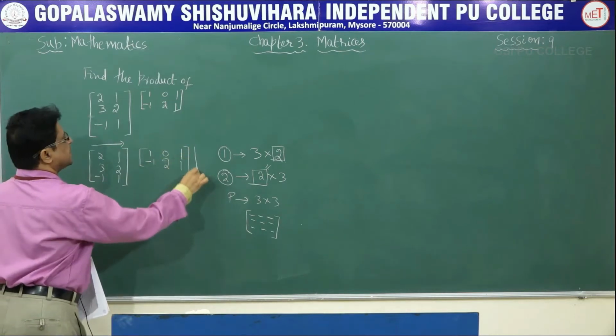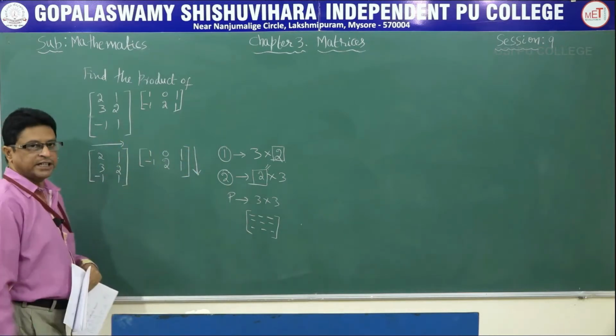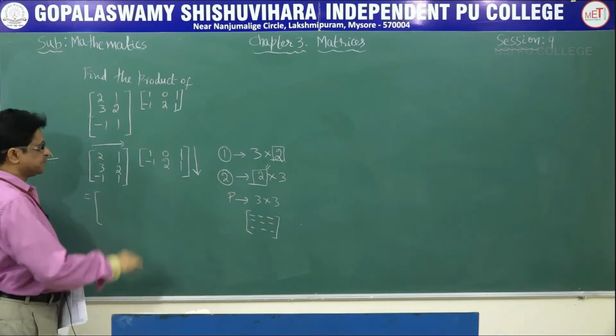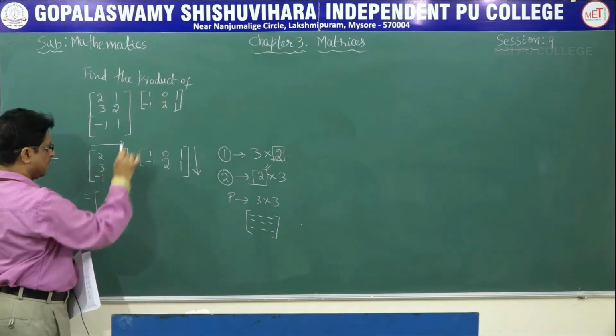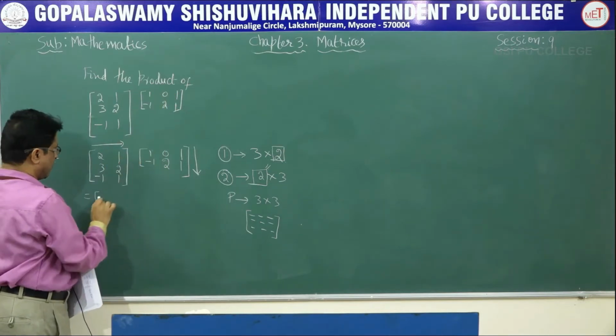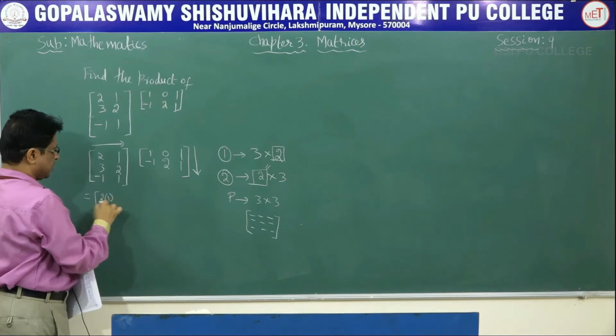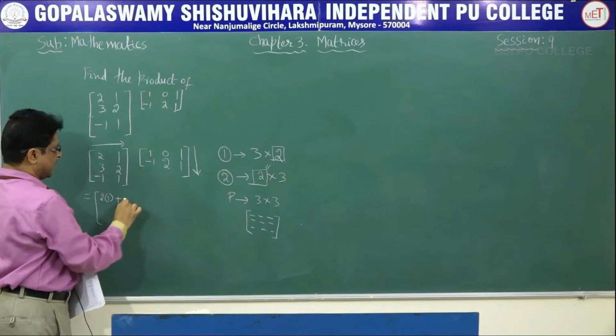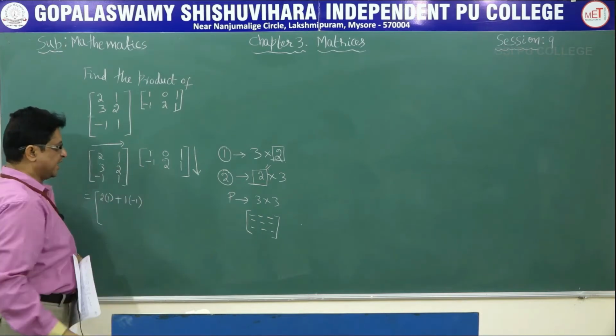So the rule is row into column. That will be equal to first row into first column, 2 into 1 plus 1 into minus 1.